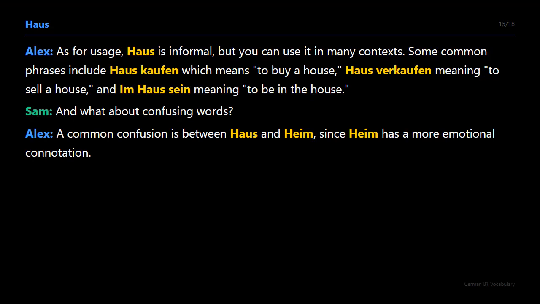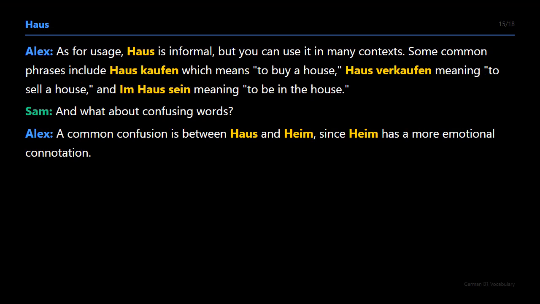As for usage, Haus is informal, but you can use it in many contexts. Some common phrases include, Haus kaufen, which means to buy a house, Haus verkaufen, meaning to sell a house, and Im Haus sein, meaning to be in the house.